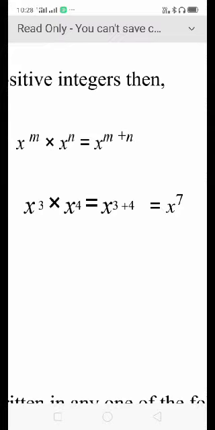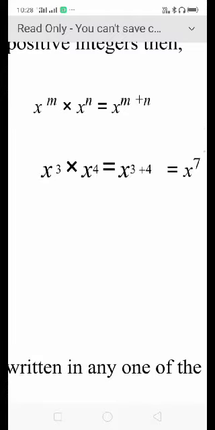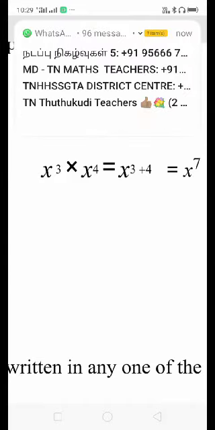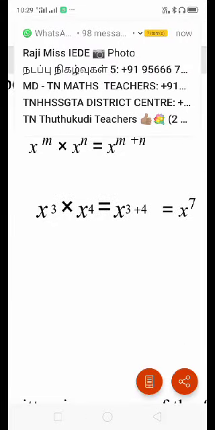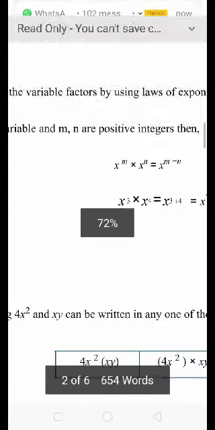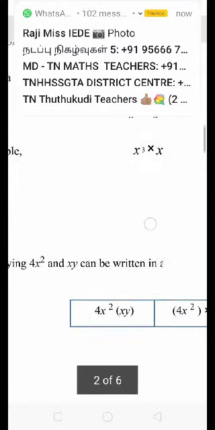The bases are common, so you have to add the powers: m plus n. Understand? Next one, x power 3 into x power 4. What do you have to do? Say, tell me. Base is x, power is different, 3 and 4. Put the same base, and for the power you have to add 3 plus 4: x power 7. Okay, this is the way of multiplying two terms.